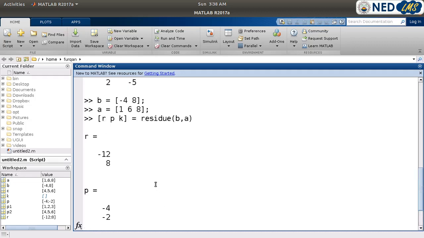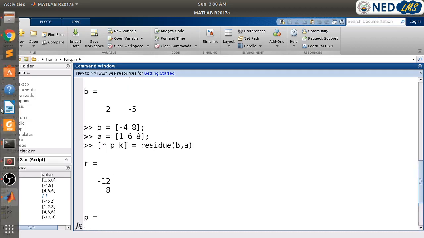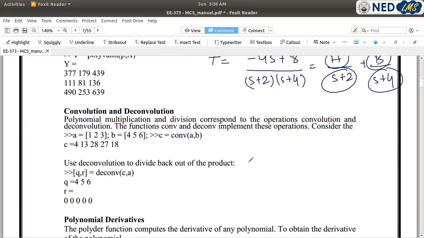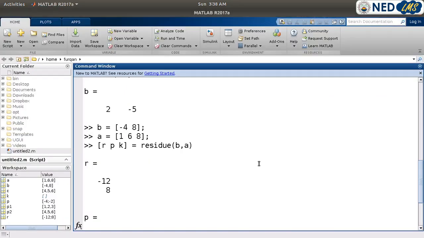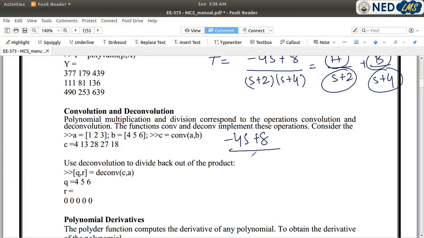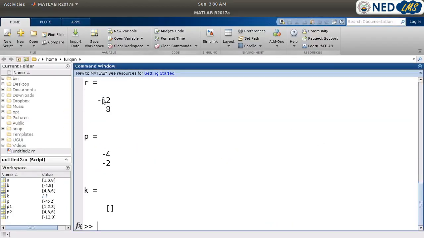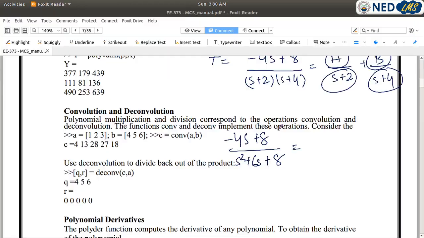So I can write the partial fraction of this transfer function as minus 4s plus 8 over s square plus 6s plus 8 will be equal to the residue minus 12 above the pole minus 4.